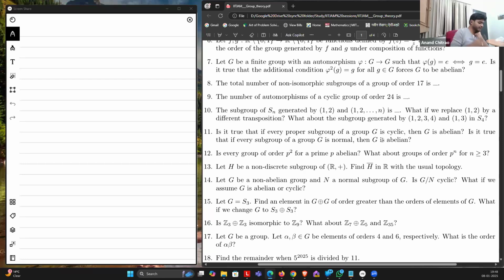So you have to remember this important formula: if sigma is an element of Sn, then sigma times the cycle (a b c ...)(a' b' c' ...) times sigma inverse equals (sigma(a) sigma(b) sigma(c) ...)(sigma(a') sigma(b') sigma(c') ...). Is that okay?